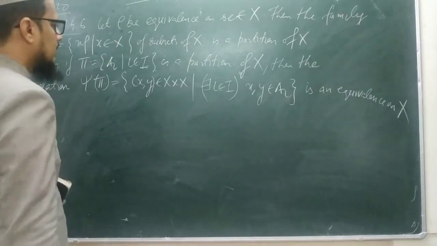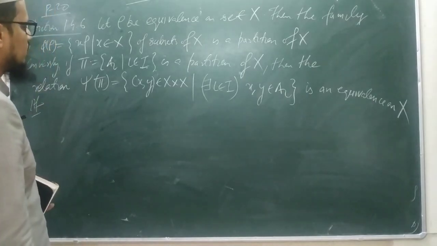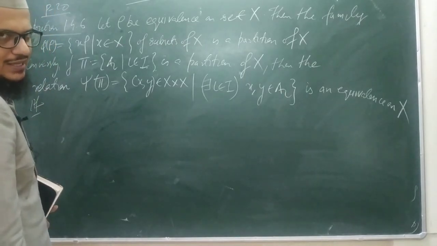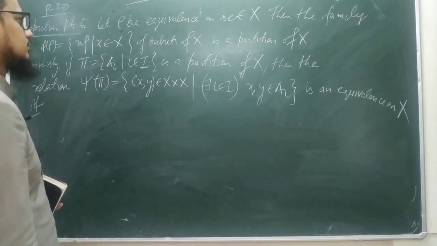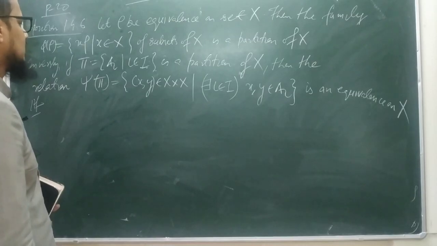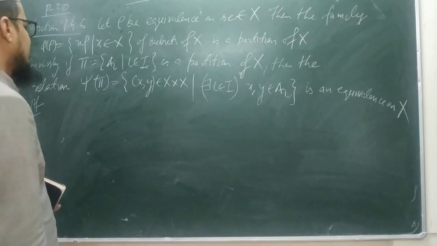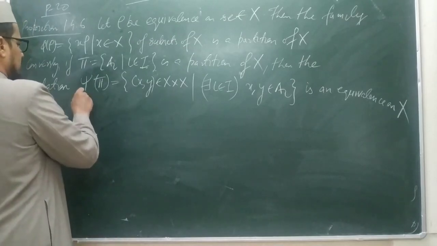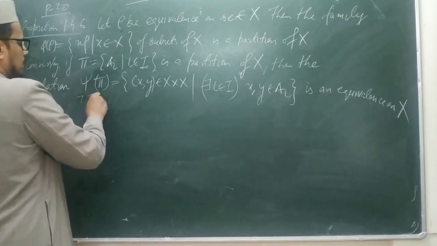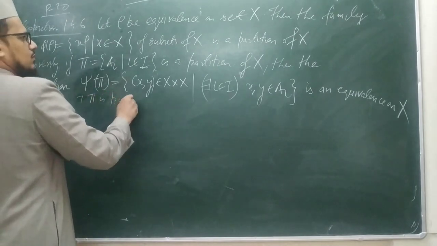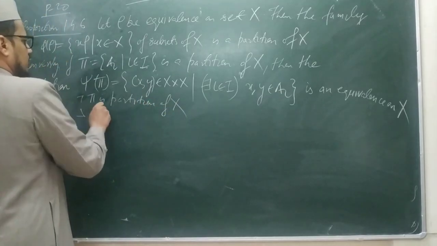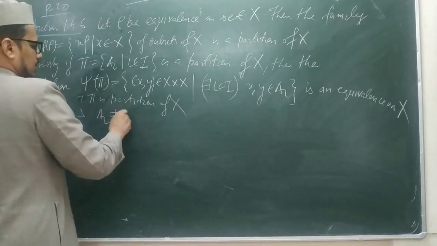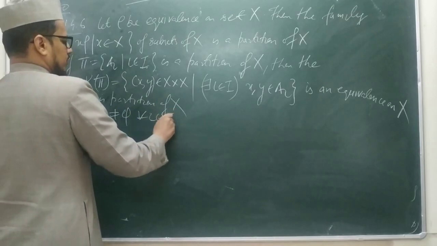You have to prove that psi pi is reflexive, symmetric, as well as transitive. As we know, since pi is a partition of X, therefore ai is non-empty for every i belongs to I, correct?